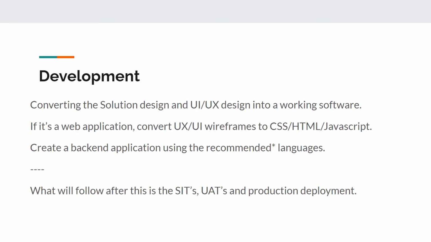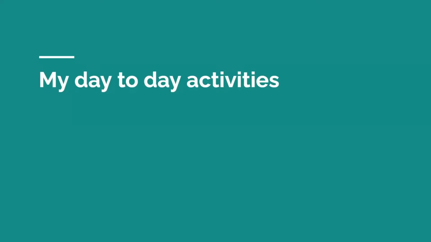Such steps will guide the production deployment. And as a developer, when this deployment is going on, you are there also to help in case any issue arises. Yeah. So let me touch on my day-to-day activities in Coopbank.